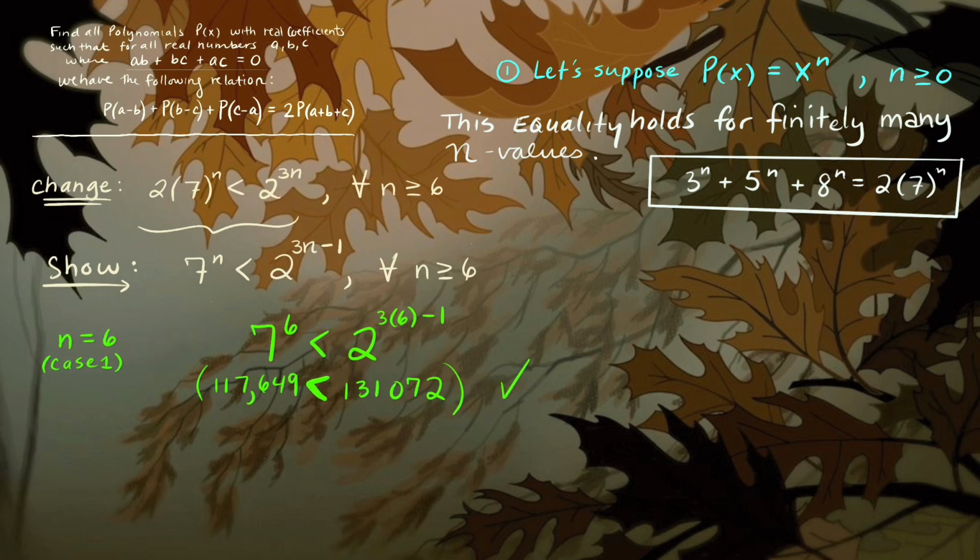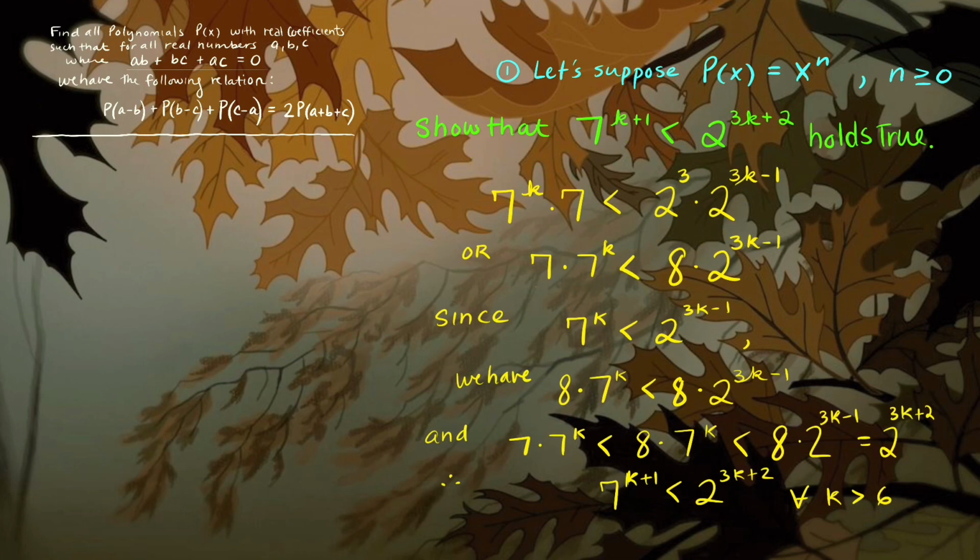equal to 6. From our table of values, the first case holds true for n equals 6, and we assume that for some k greater than 6, this inequality does in fact hold true. And using that assumed truth, we can then show that the k plus 1 step would also hold true.